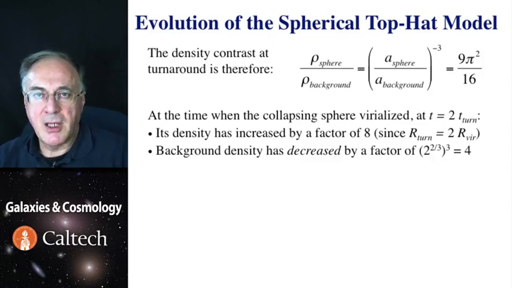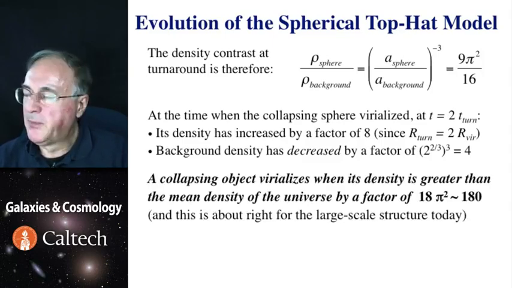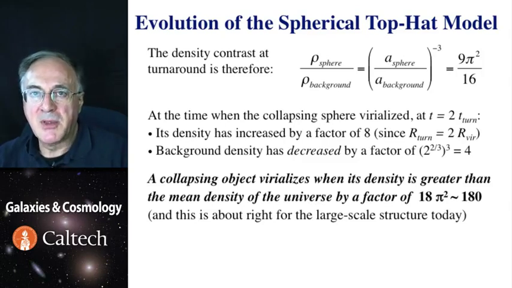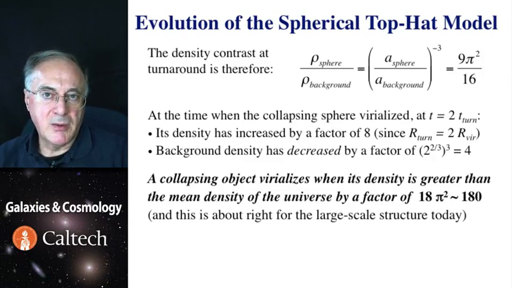So there is an additional gain of a factor of 32 in density contrast. Multiplying these two together, the final virialized state of structure in equilibrium will be 180 times denser than the surrounding background. Remarkably, that's exactly what we see in large-scale structure today.